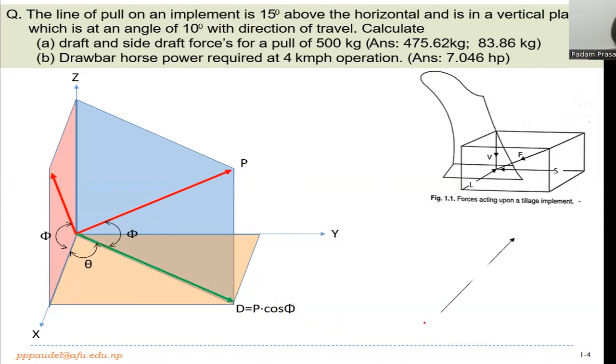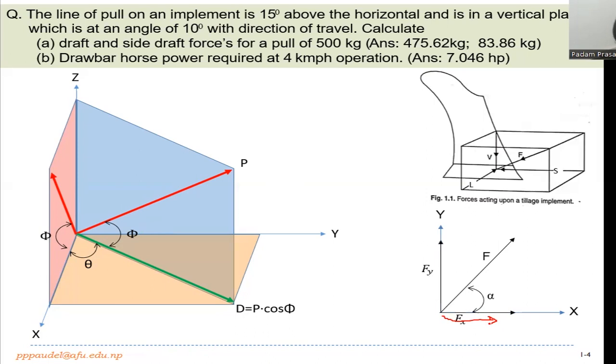If this is a vector, like F is a force, we have to resolve it into two axes, the x-axis and the y-axis, and F makes an angle alpha with the x-axis. In that condition, the amount of F along the x-axis is Fx, and along the y-axis is Fy.